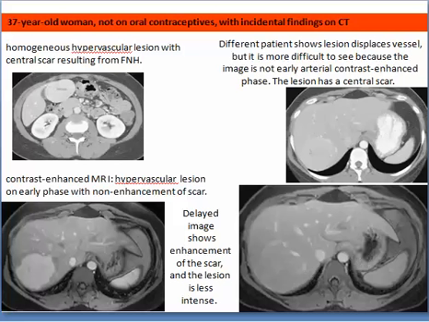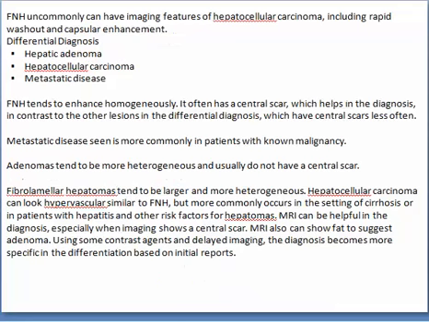So the main point here is that the scar is not enhanced in early studies, whether CT or MRI, but late it becomes enhanced, and that the region in itself is hypervascular with contrast enhanced CT scans and MRI. It shows evidence of hypervascularity. So it tends to enhance homogeneously except for the central scar, which is usually late to be enhanced.